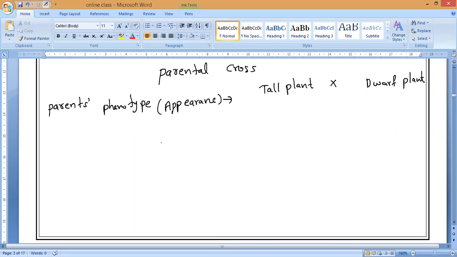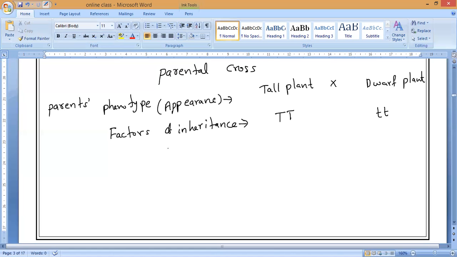Now, what are the factors of inheritance here? Tall plant, capital TT, crossing with small tt. I don't know, the others have forgotten everything. They're not even writing the classwork. I understand this. Factors of inheritance.